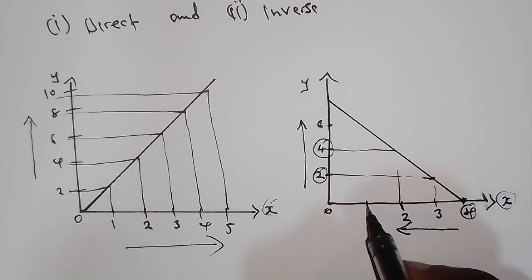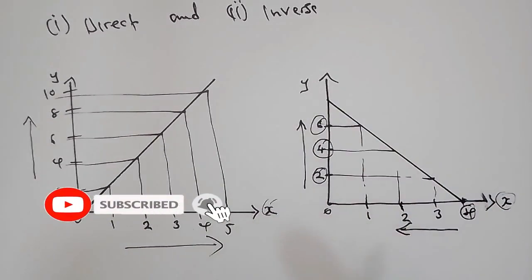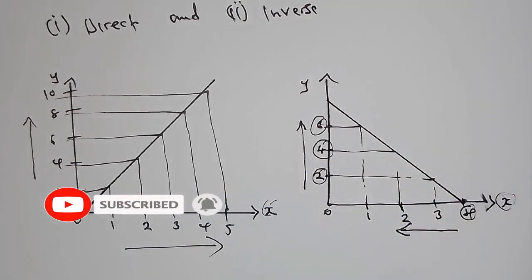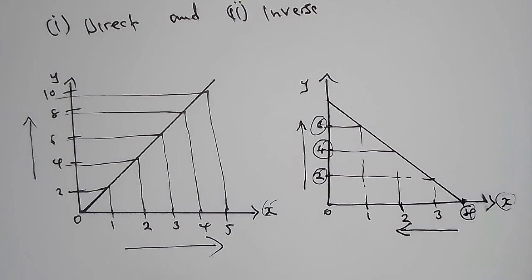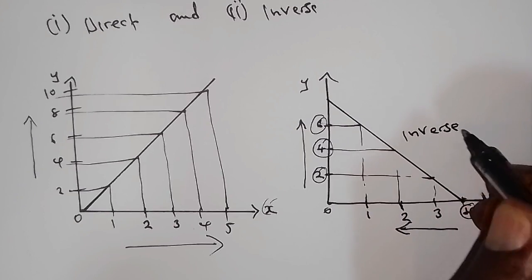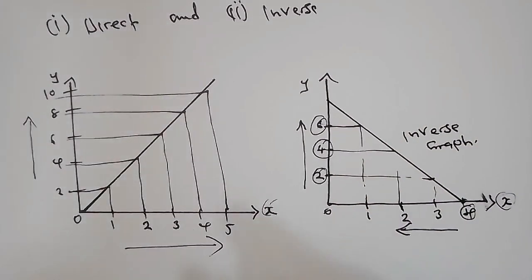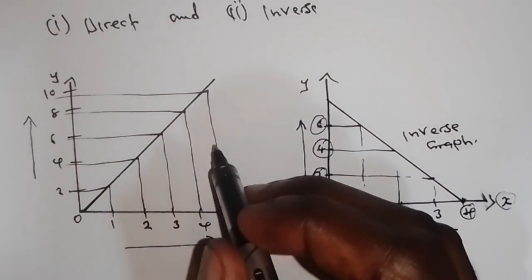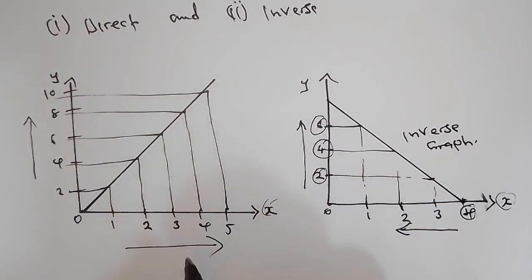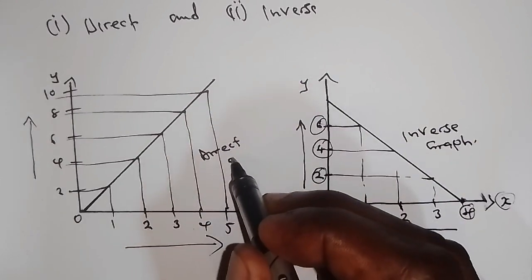When x is 1, then y is 6 there. So that is basically the understanding of what is called graphs of variation. So you must be able to tell that this is an inverse graph, and this is the direct graph.